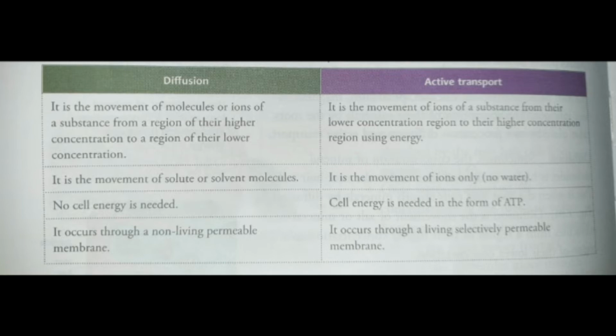Diffusion occurs through a non-living permeable membrane, but active transport occurs through a living selectively permeable membrane. These are the differences between diffusion and active transport.